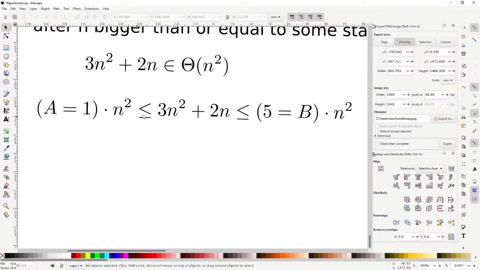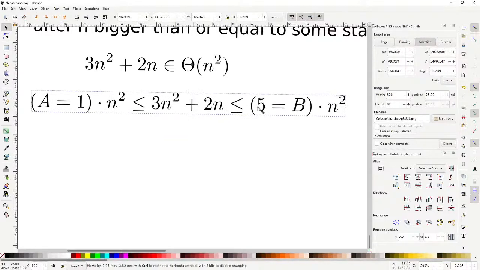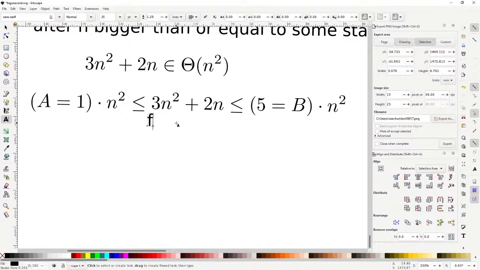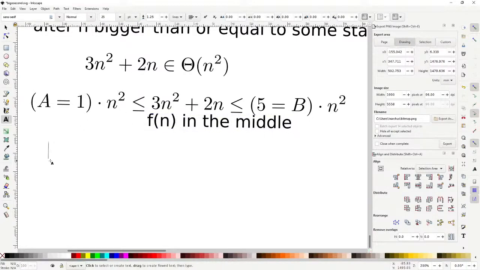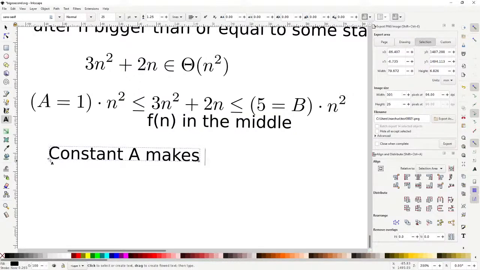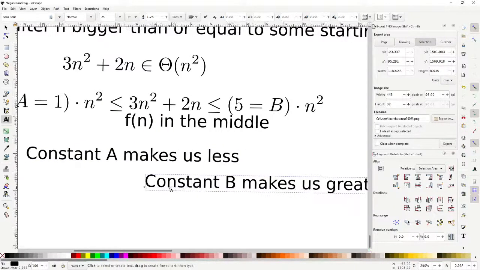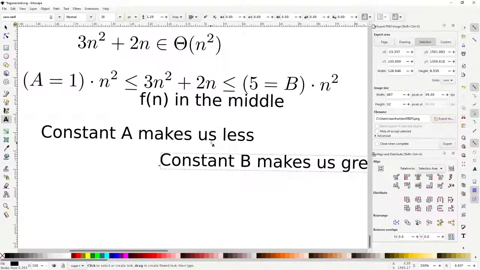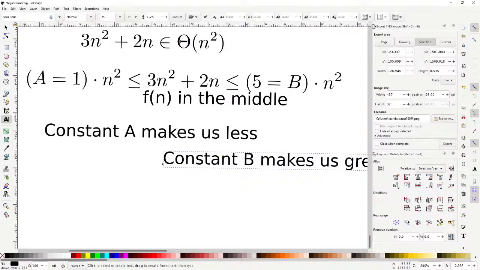Anyway, basically, if you choose a constant a such that it's lower, and then here's your function f of n in the middle, this constant a makes us less, and then the constant b makes us greater. And let's actually draw this out.